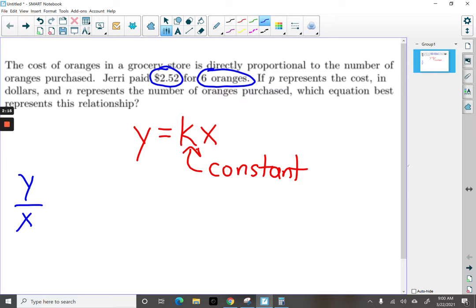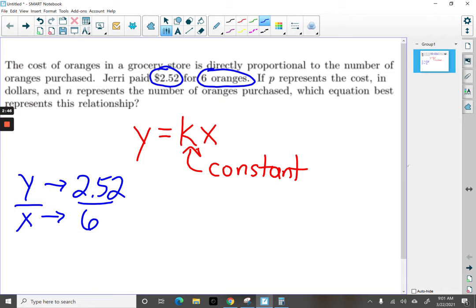Which seems more reasonable? I'm going to say, since we don't know the price of oranges, and I'm not going to just start chopping up oranges at the grocery store, we would want to find out how much 1 orange is going to cost. So in this problem, I'm going to say my 6 oranges is going to represent my X value, and my Y value is going to represent the cost, which is the $2.52.